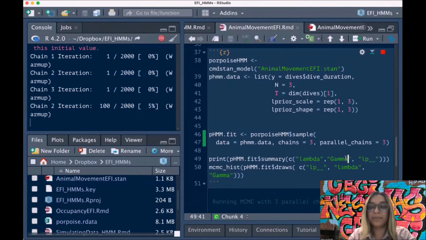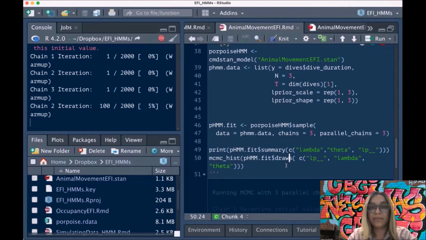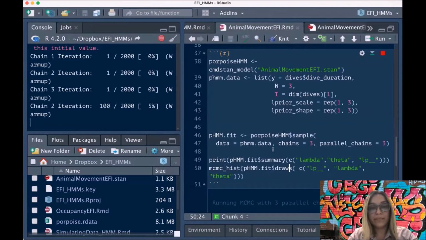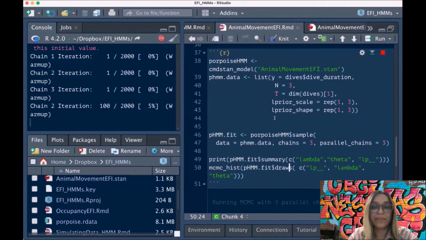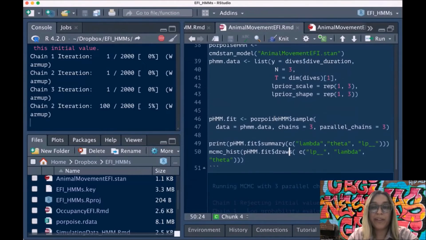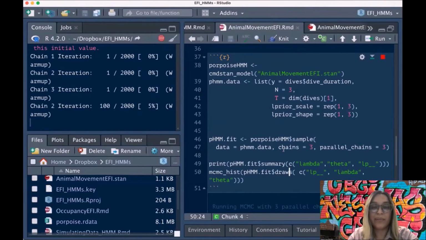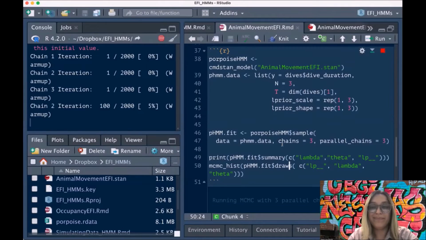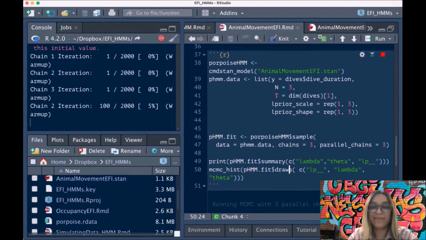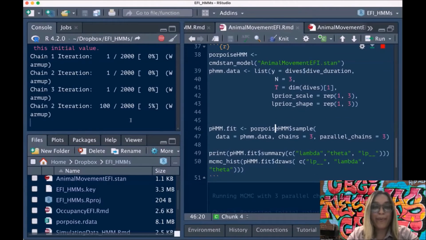Change this to beta. Okay, hope some of you are running this model as well. You can all see what it comes up with. And okay, we're sampling.